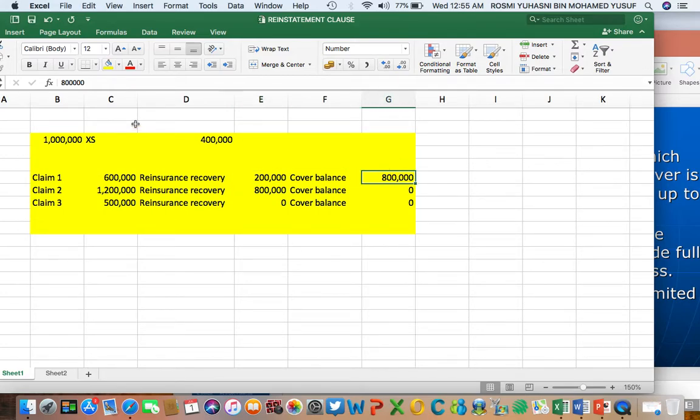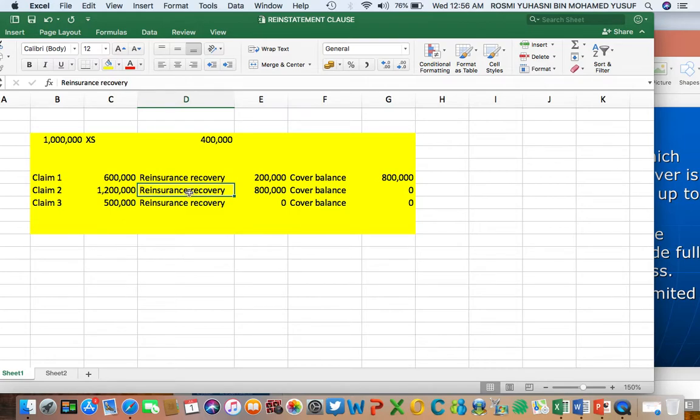So after claim number one, the insurer is actually having only 600,000 cover, not 1 million anymore. So if let's say there is a claim number two which occurs after claim number one, the amount is 1.2 million.